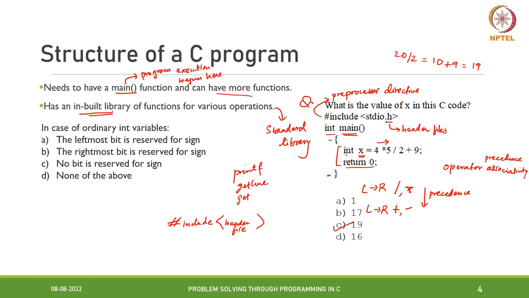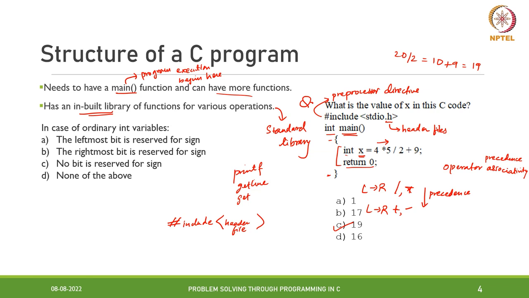Yes, here there is no real requirement to use stdio.h. It would have worked just fine without stdio.h because you are not using any functions which are defined within stdio.h. This program is just a sample program. It will not give you an output as such, but the question asks what is the value of x in this C code.